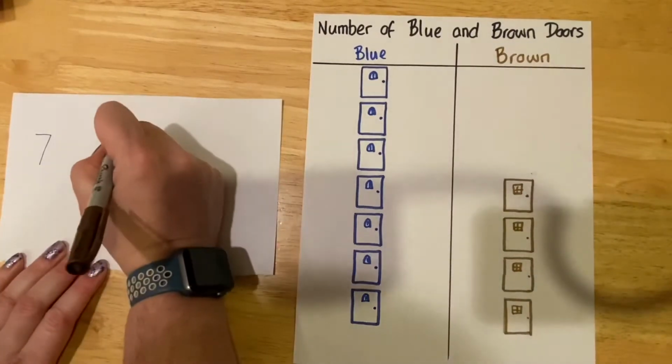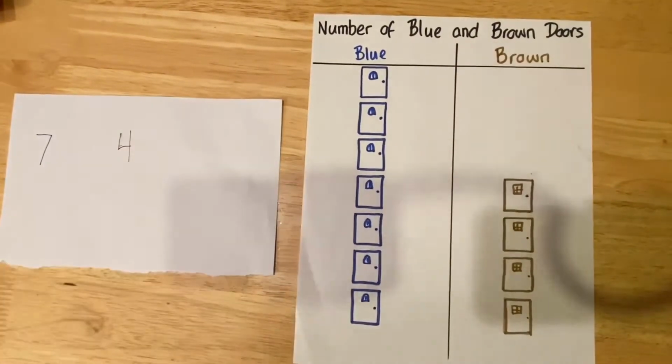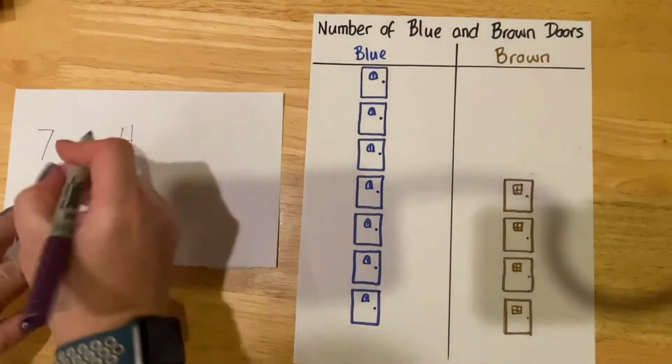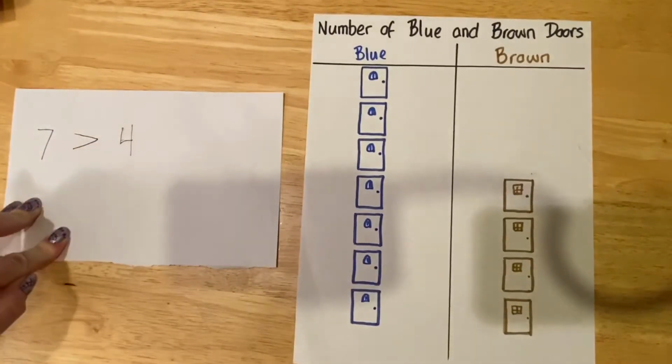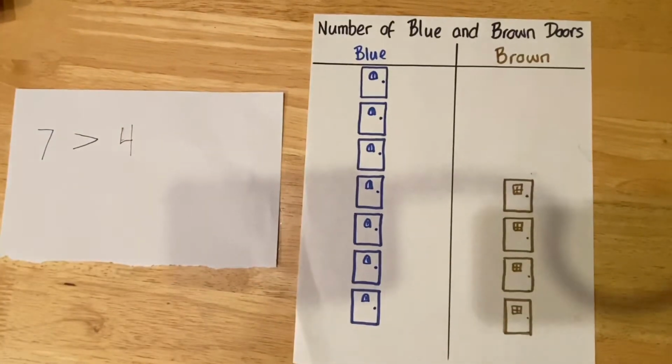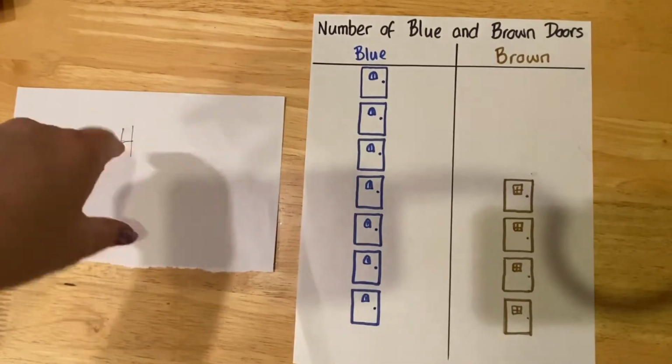Let's write a 4 over here on our paper. Which number was greater? 7 was greater. Let's draw the greater than symbol. The alligator wants to eat the 7 because it's bigger. Let's read it. 7 is greater than 4.